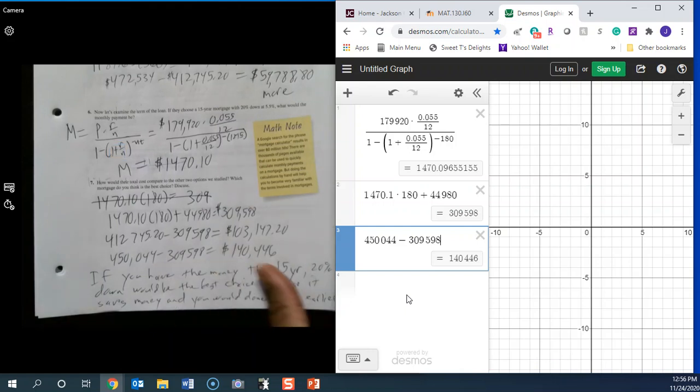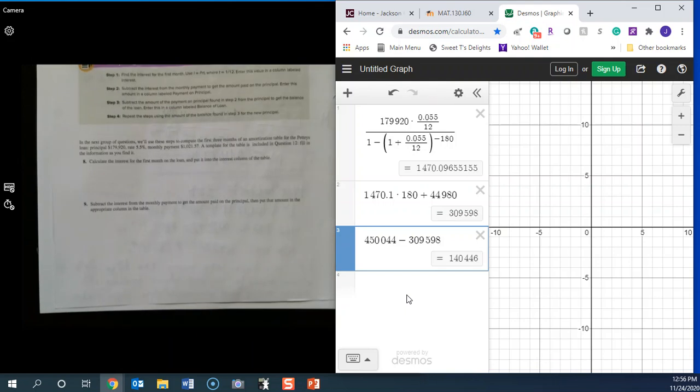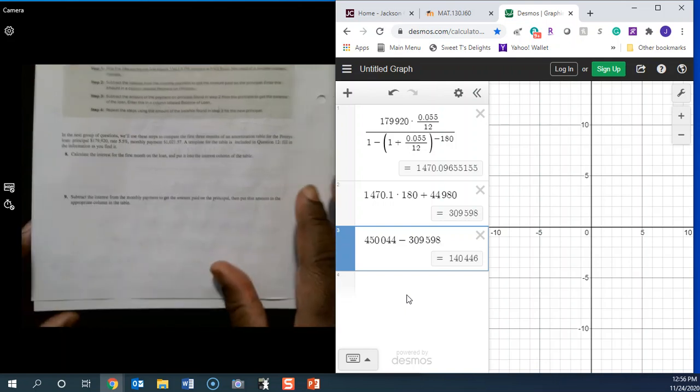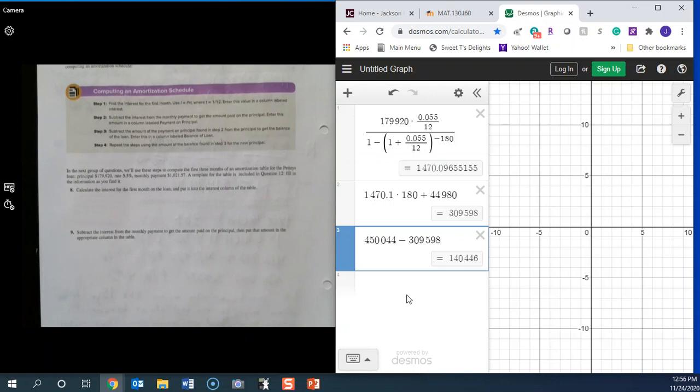So yeah, that would be the best choice if you had the money. But if you don't have the money, then that wouldn't be the best choice for you, because you wouldn't be able to afford it.